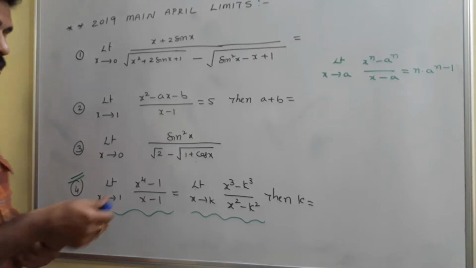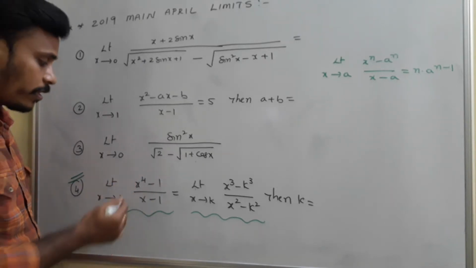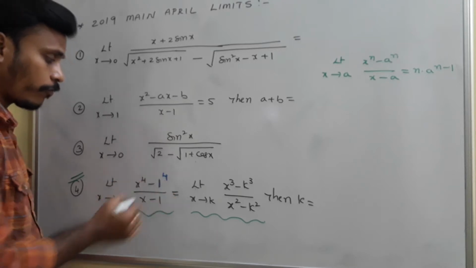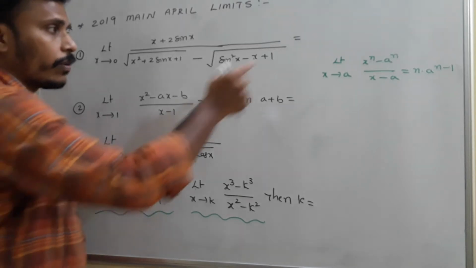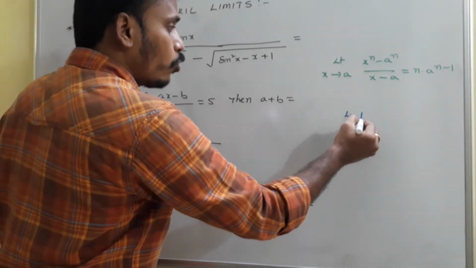With that logic, reading this x⁴ − 1⁴ and comparing it with the standard form, our answer is 4 into 1 to the power 4 − 1.